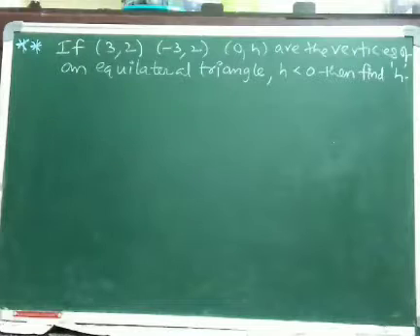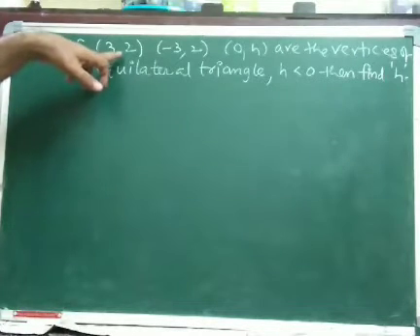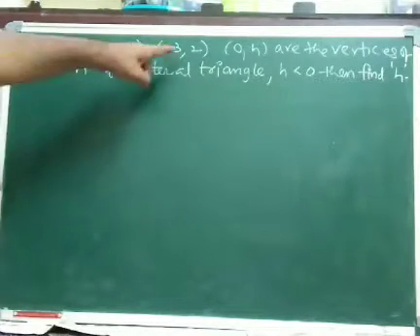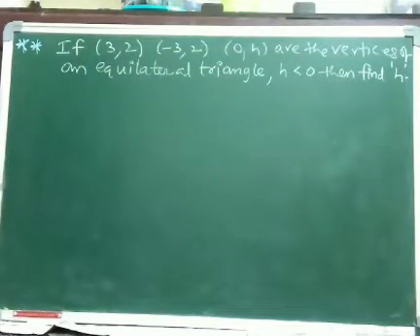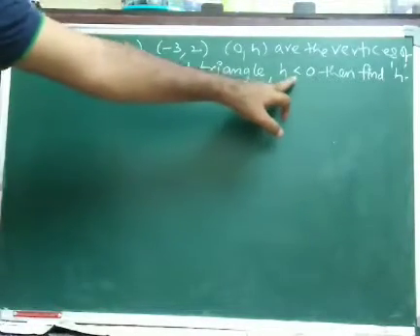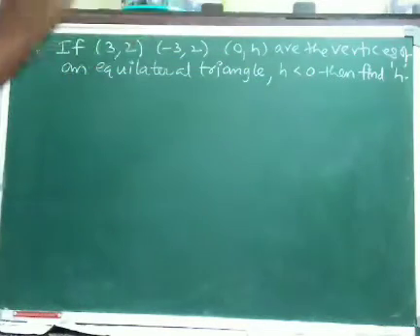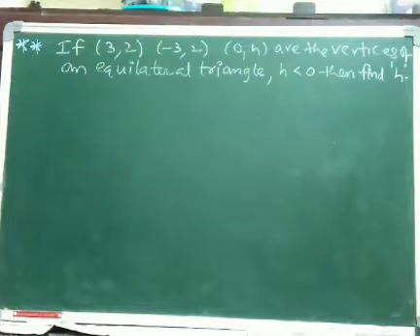Next question. If 3 comma 2, minus 3 comma 2, 0 comma h are the vertices of an equilateral triangle, moreover h is less than 0, then find the value of h.